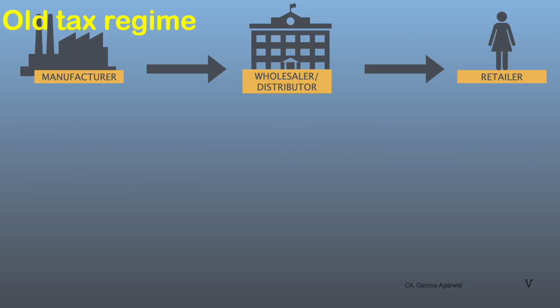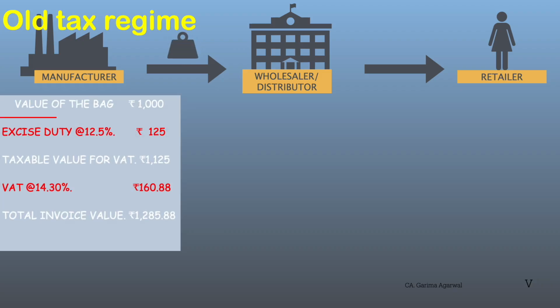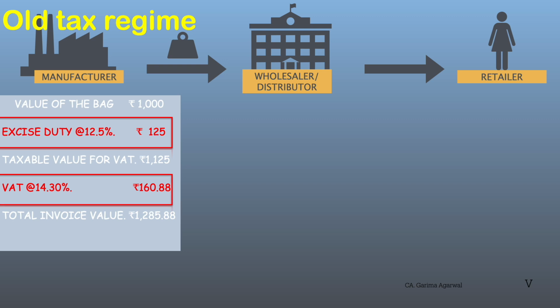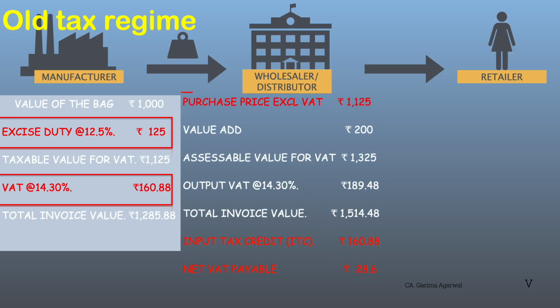So let's understand tax on tax with this quick example. In the old regime, imagine a manufacturer makes a bag. He needs to pay excise duty to the central government upon manufacturing the bag and at the time of its removal from the factory. When he sells it to the wholesaler, the state charges VAT as well. But here is the catch. The wholesaler pays VAT on the price that already includes the excise duty.